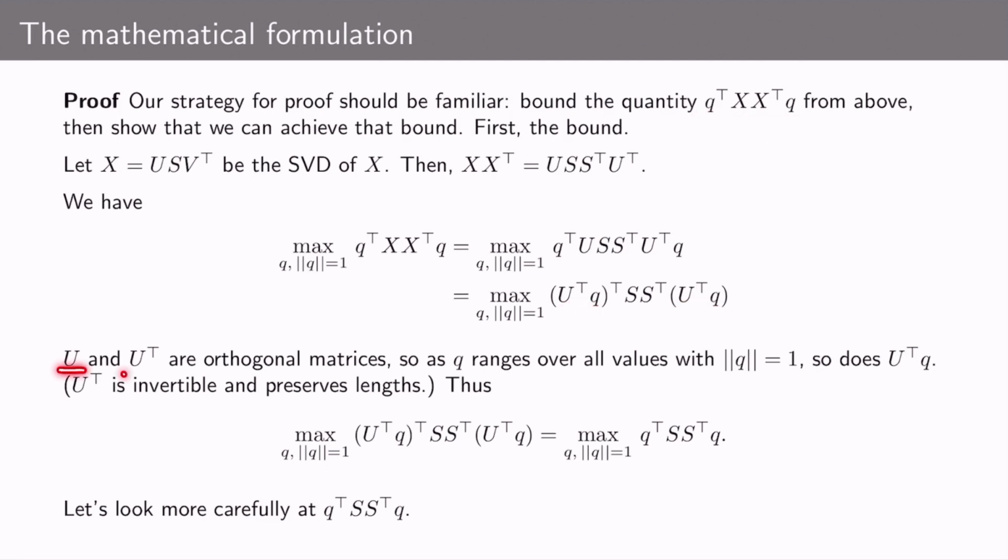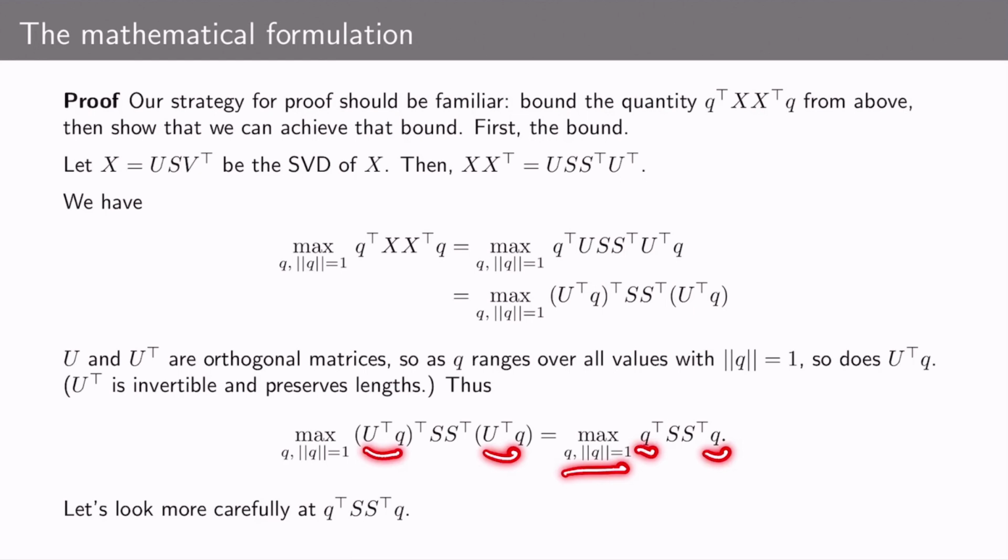Now, U and U transpose are orthogonal matrices, so they are both invertible and length preserving. So as Q is ranging over all vectors with norm 1, so is U transpose Q. Therefore, if I want to maximize over all choices of Q with norm 1 a U transpose Q in here, I could instead just maximize over all choices of Q with norm 1 a Q in there.